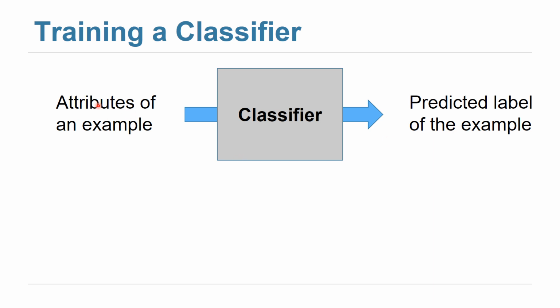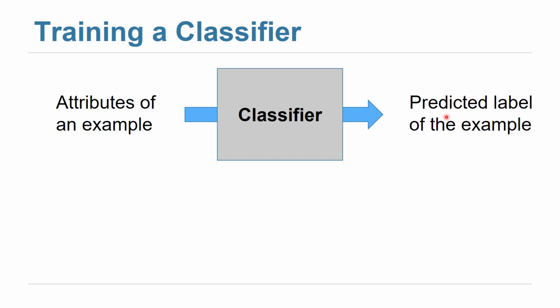For an online transaction with all its attributes, the decision will be whether it is fraudulent or not. For an email with all the words in that email, we will predict whether that email is spam or not.